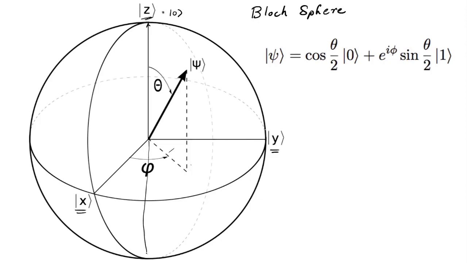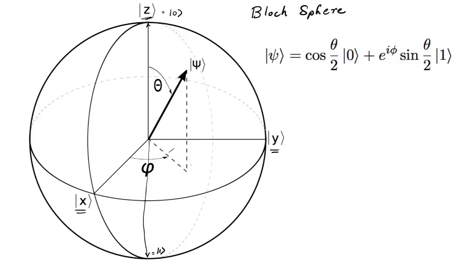What about the state minus z? Well, this corresponds to theta equal to pi, which means theta over 2 is pi over 2. And so now what you would get is the state equal to 1.